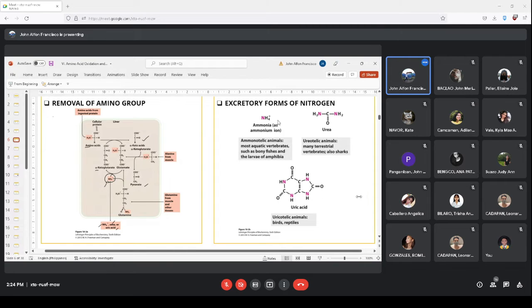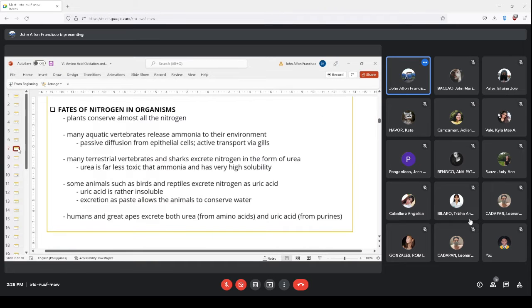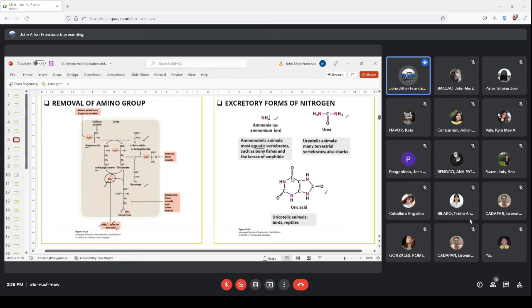So this is either in form of ammonia or form of urea or form of uric acid. So si ammonia, mostly it is excreted by aquatic vertebrates. So yeah, this is just the form or the structure of ammonia, urea, and uric acid.